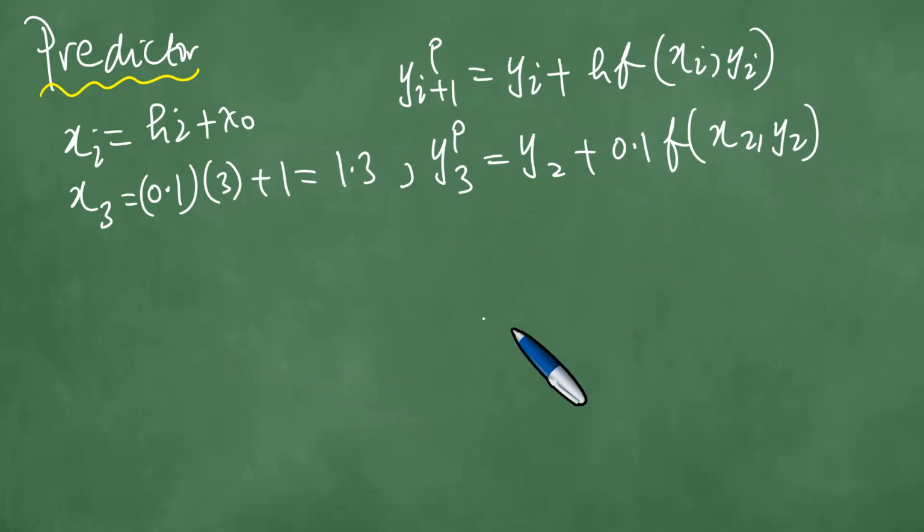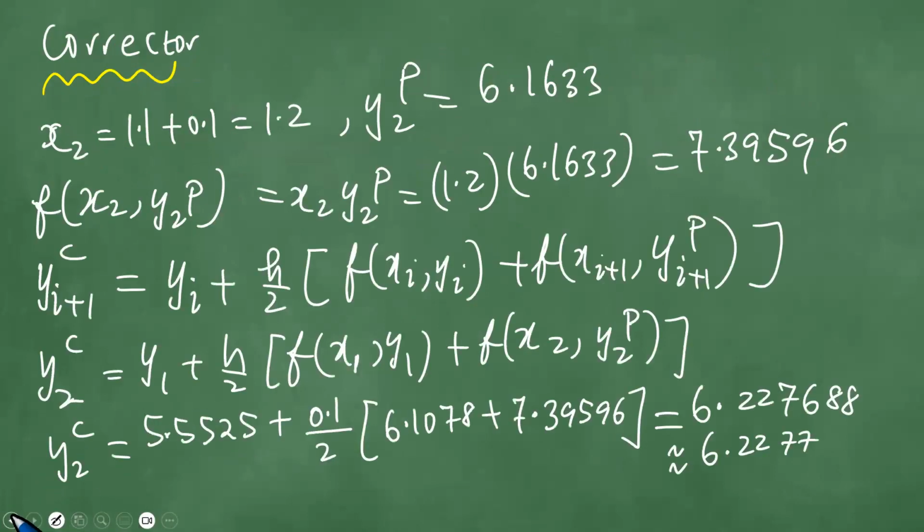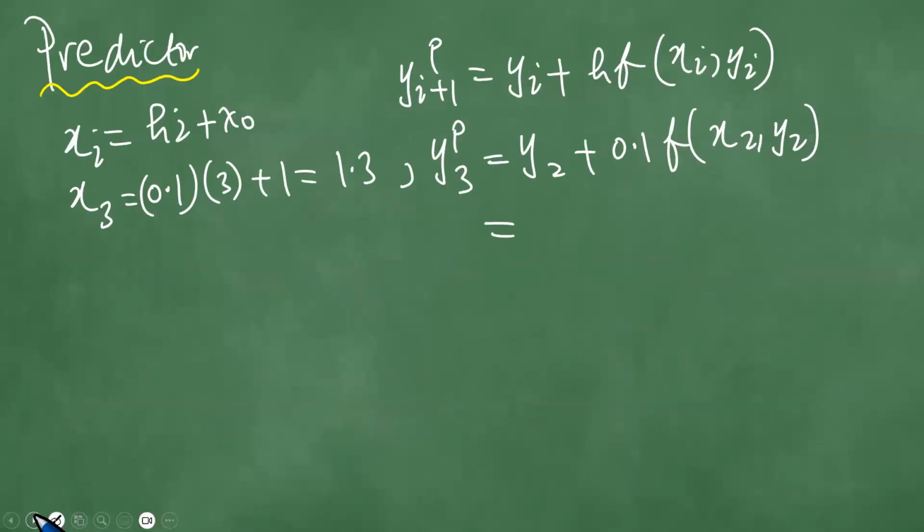Right, so let us just compute that. y2 is going to be exactly what we have. What is y2? It's this one, 6.2277.